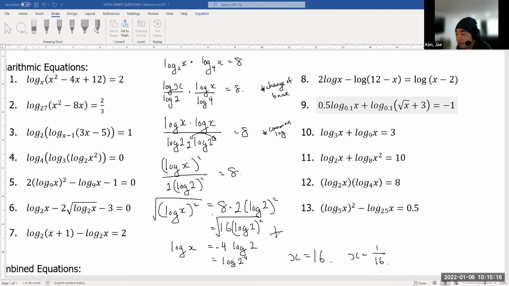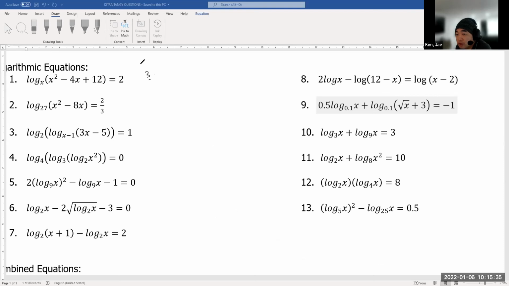That was my bad. You have to be careful of that. And then let's investigate number 3 to see if there were other answers there. Now I'm antsy to see if we made a mistake for number 3. So log 2 of something equals 1.